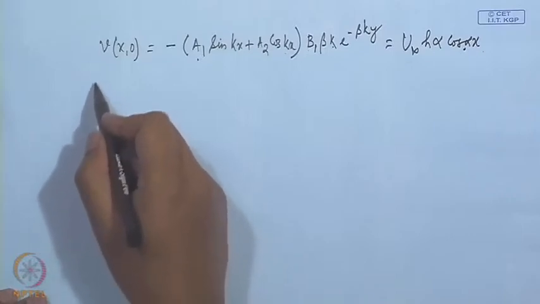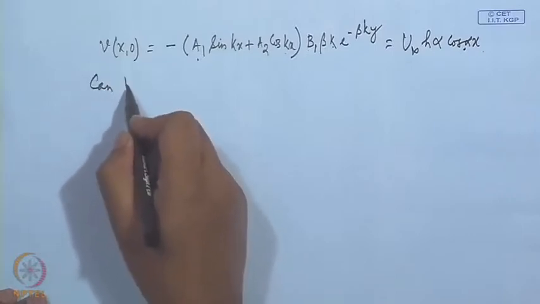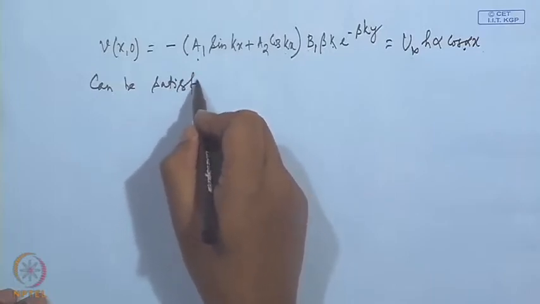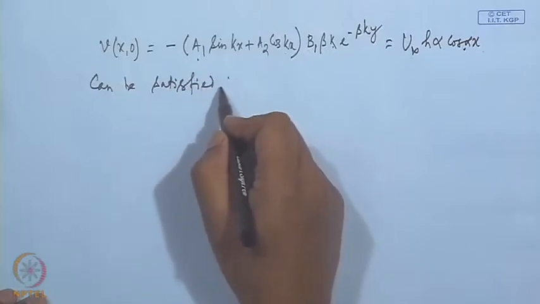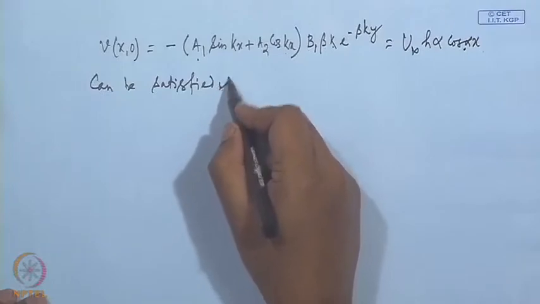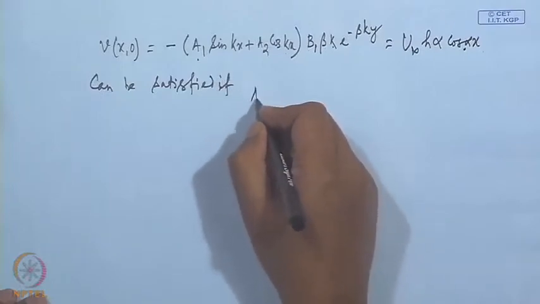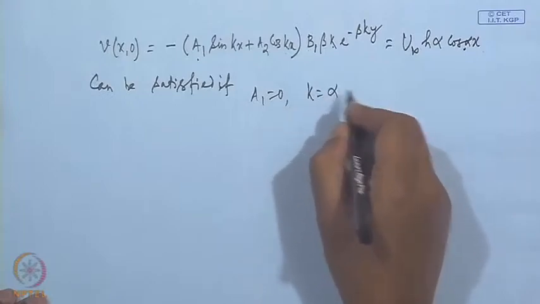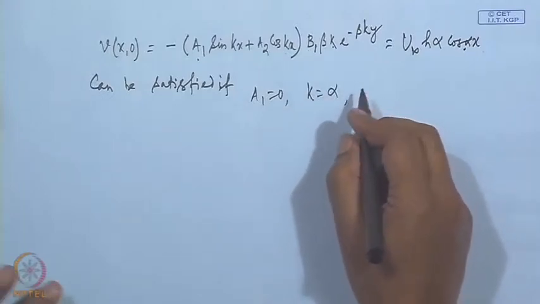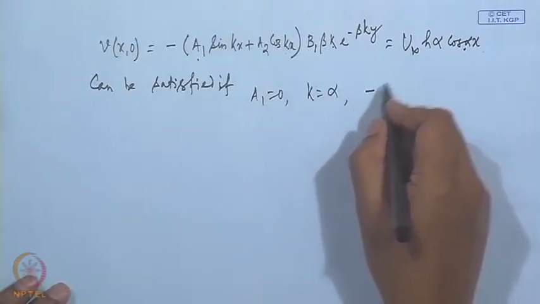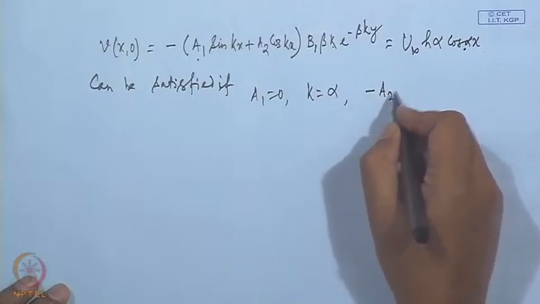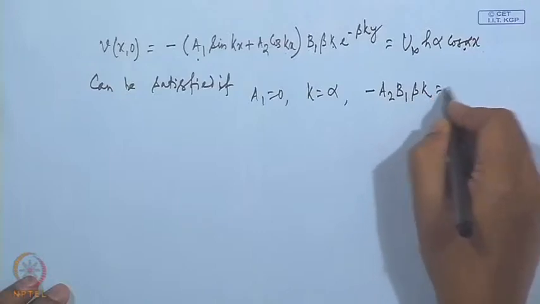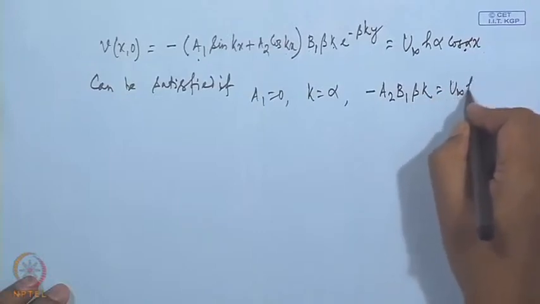So, this can be satisfied if A 1 equal to 0, k equal to alpha, and minus A 2 B 1 beta k is u infinity h alpha.